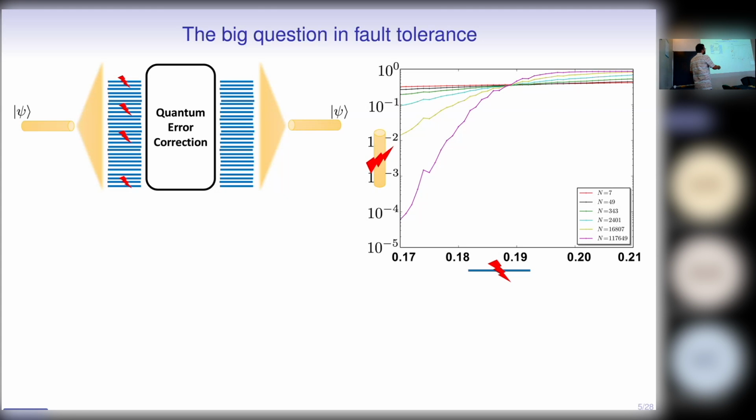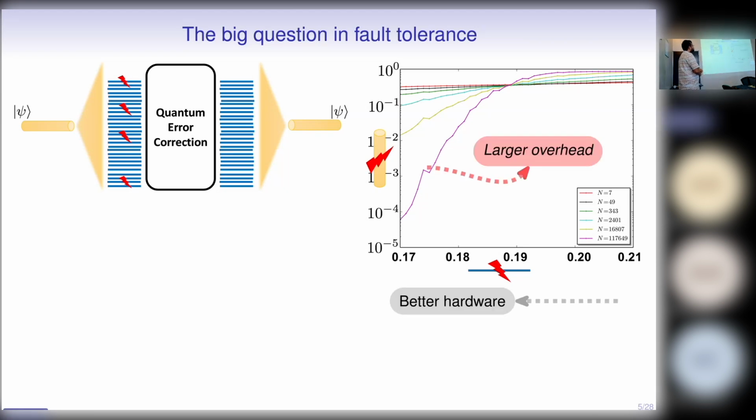In this case, I can say if I use something like 117,000 physical qubits per logical qubit, for 18% physical noise rate, I can get something like 0.1% logical noise rate.